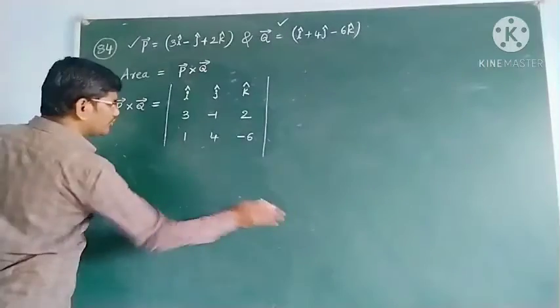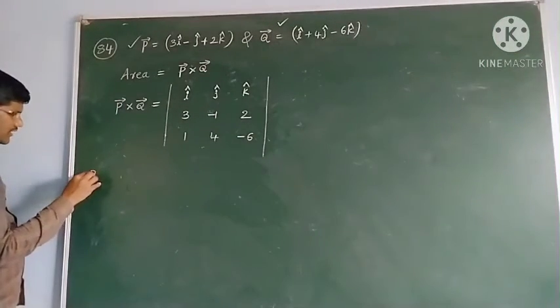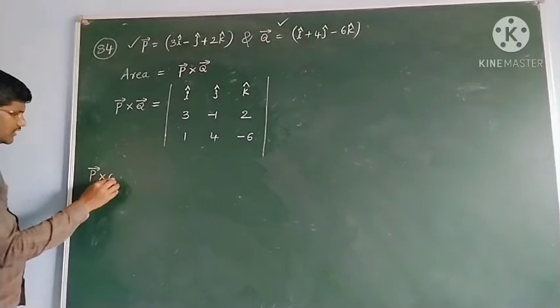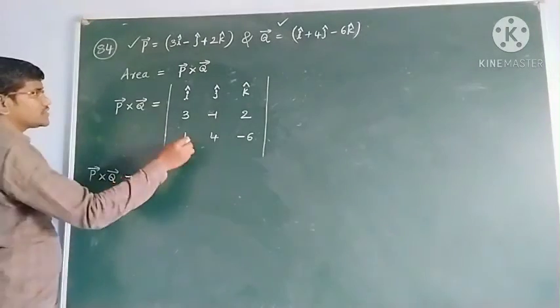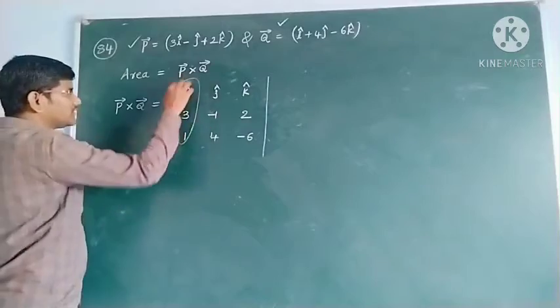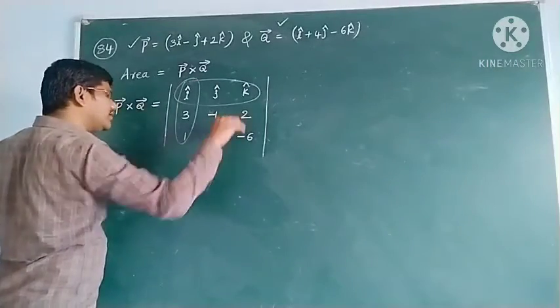Then we are doing the cross product for them. So now what we are doing? We are doing the cross product, p bar cross q bar. So product of these two and product of these two.